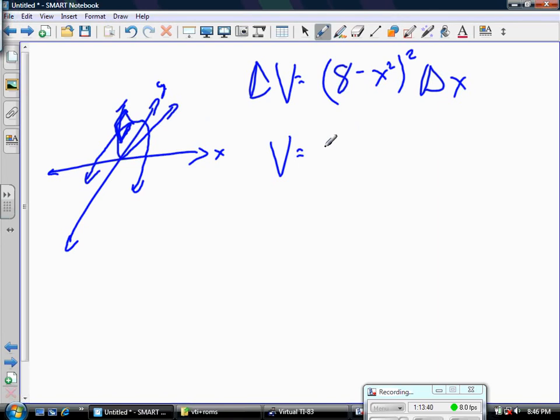How do you add them all up? Oh, it is 2x, I'm sorry. Thank you. It is 8 minus x squared minus x squared. Okay, so what's the volume? The integral from, remember, we know the intersections, negative 2 to 2 of this thing.